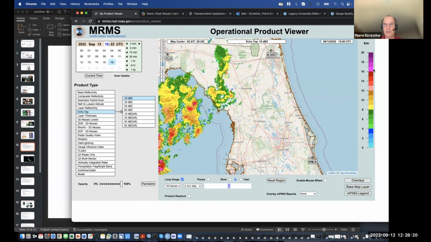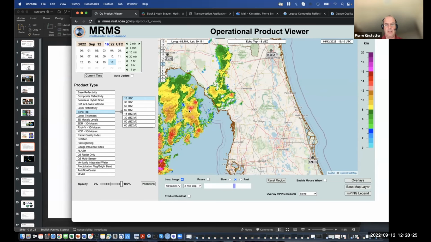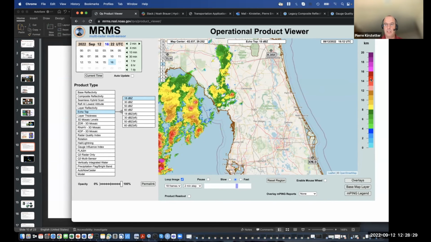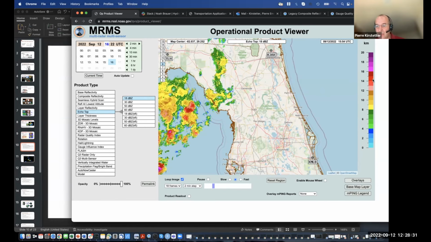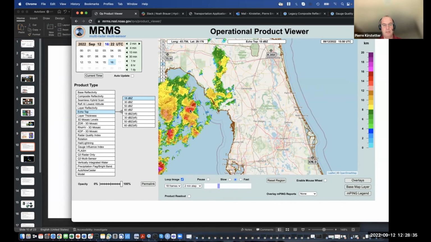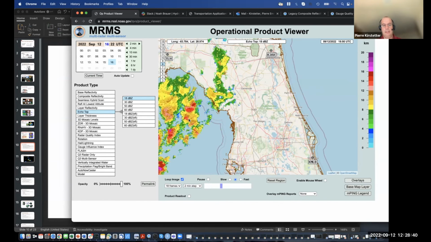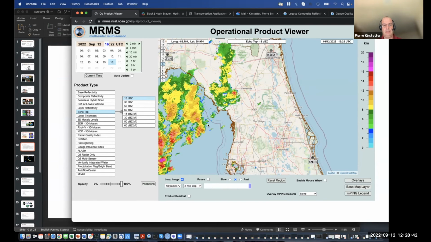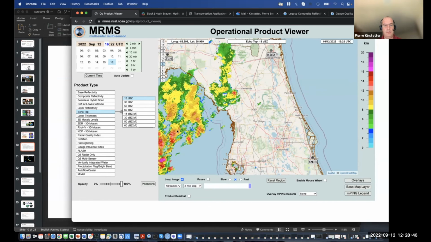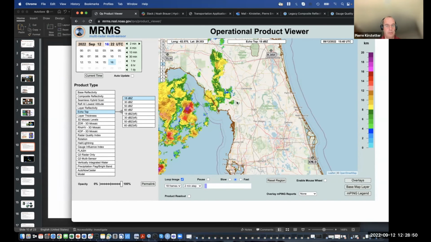Yeah, you can see that there is some very significant vertical development with values reaching 14 to 15 kilometers above the ground, above sea level here. That is indicative of very strong activity that might be of interest for a forecaster for applications.